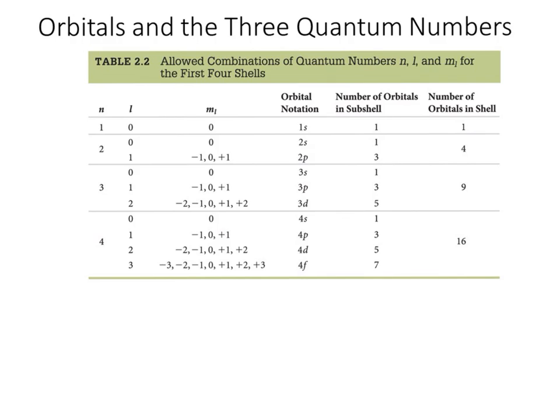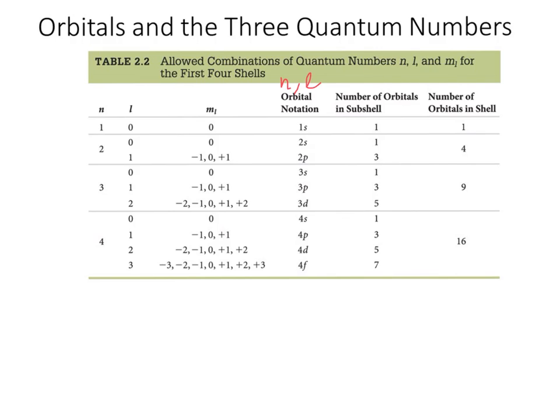How this chart is arranged: this is your principal quantum number, this is your angular momentum quantum number, and this is your magnetic quantum number. This would be the orbital notation, and this corresponds to your n value and your L value.